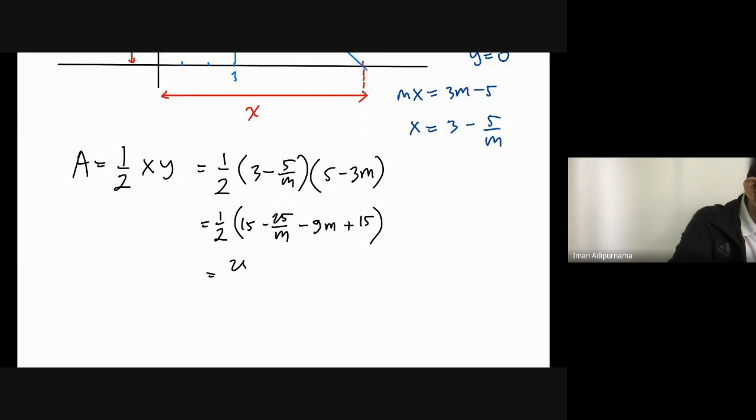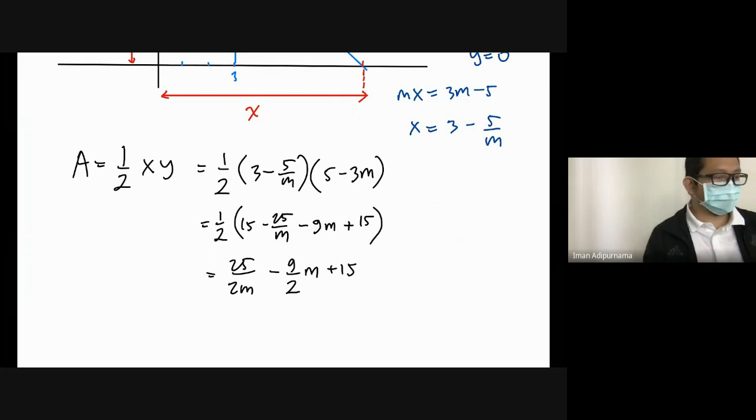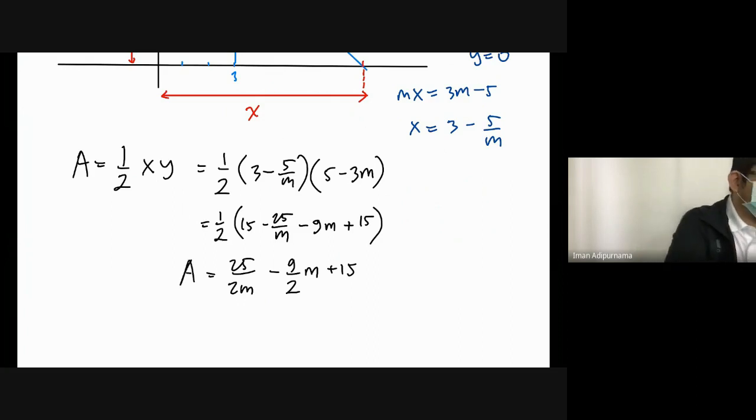And we have 25 over 2m minus 9 over 2m, and then this will be 3 plus 15. Okay, now this is our model of the function that we need to derive. Okay, to derive this, d/dm.